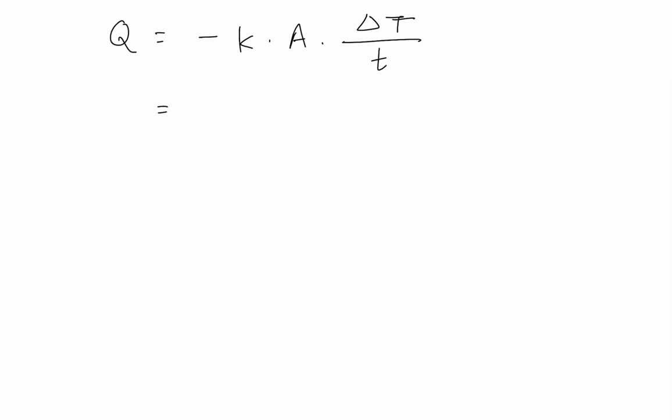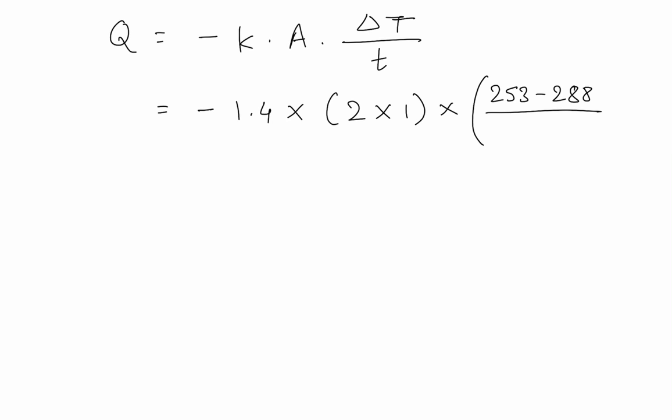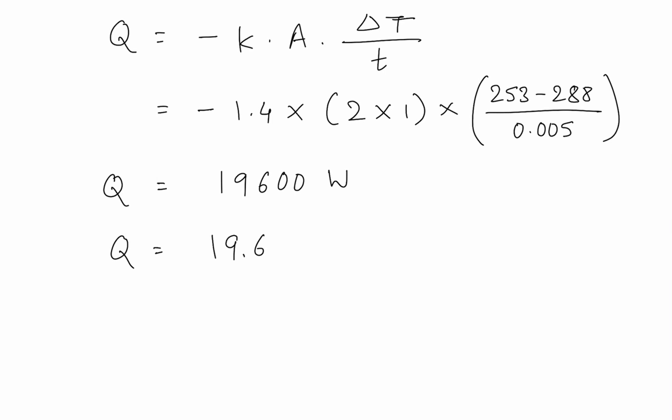So we know K is 1.4, area is 2 multiplied by 1, delta T, which is the temperature difference, would be 253 minus 288, divided by thickness, which is 0.005. So if we solve this, we get 19,600 watts, or we can say 19.6 kilowatts.